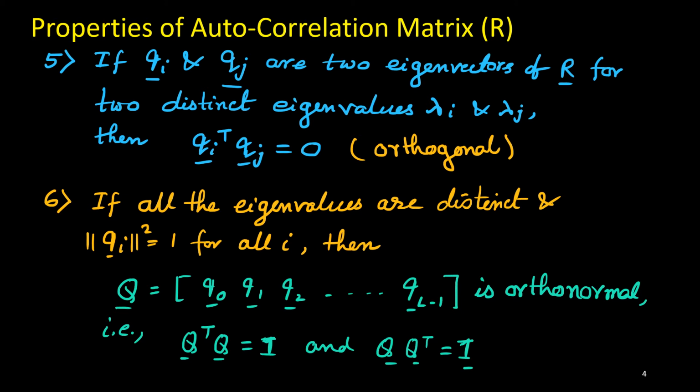Meaning if we put those eigenvectors column-wise, one after another, we get this Q matrix, and that Q matrix is orthonormal. Meaning Q transpose Q equals the identity matrix, and Q Q transpose is also the identity matrix.